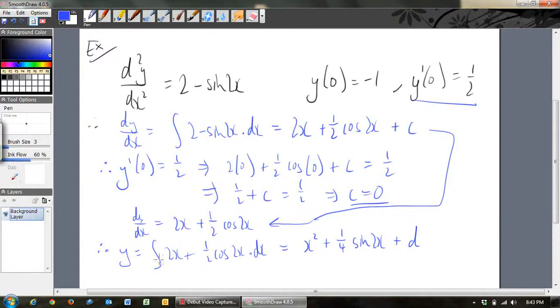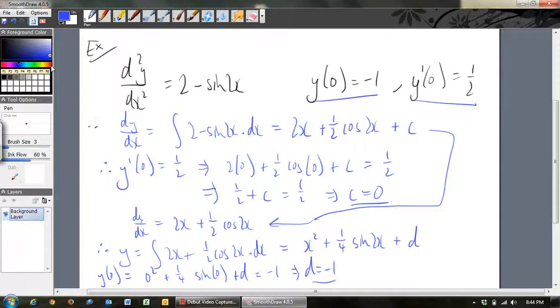Fantastic. There we go. And we also know that we've got this point up here, y(0) equals negative 1, so y(0) is equal to, let's plug in 0: 0 squared plus 1/4 sine of 2 times 0, which is 0, plus d, and all of that is equal to negative 1. Sine of 0 is 0, and so that all equals 0 there, so therefore d is equal to negative 1.